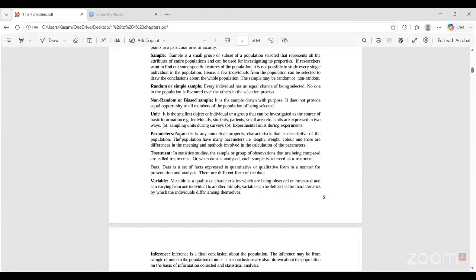Exactly. Data means quantitative or qualitative. What is the meaning of quantitative? Quantity means number, sir. It indicates the number. Qualitative? Quality means it is good or bad, excellent.